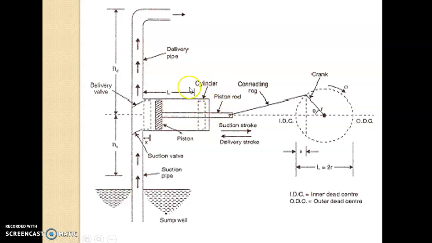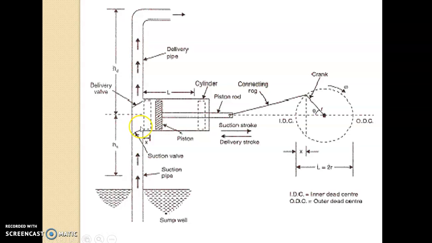So this is our piston cylinder arrangement. Then we have a crankshaft, a crank, and a connecting rod which is connecting the piston rod to the crank. Through this connecting rod, the rotary motion of the crank is converted into reciprocating motion of this piston.